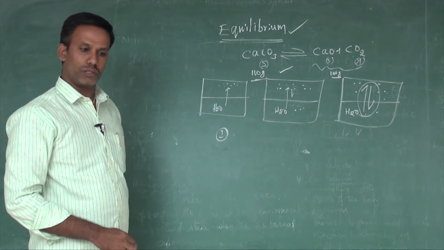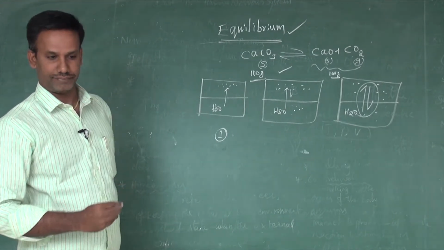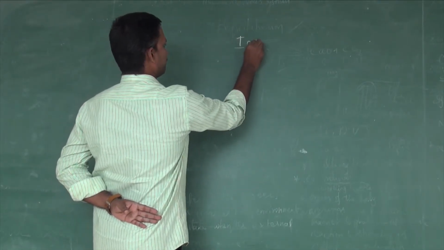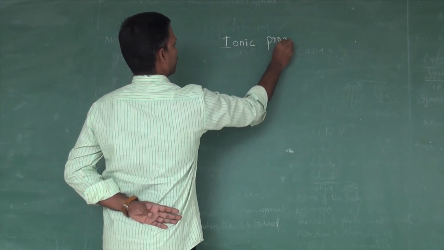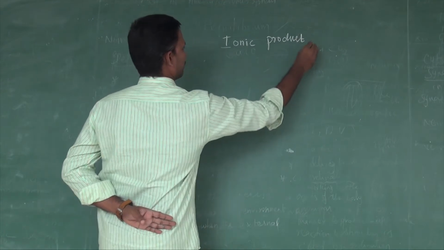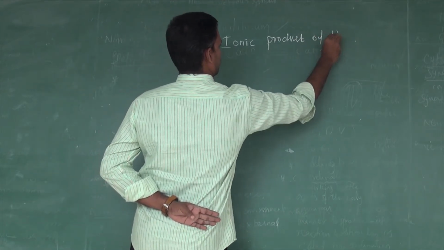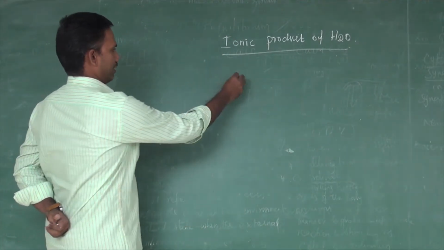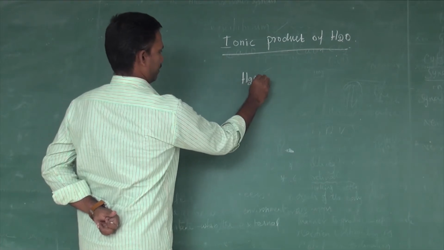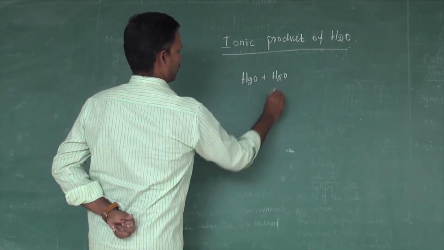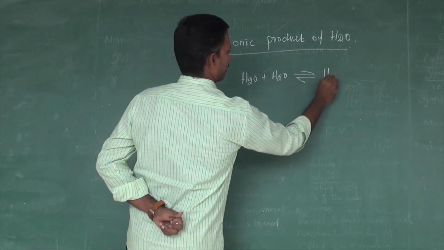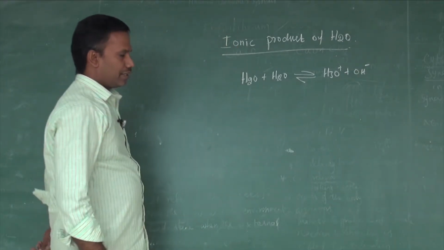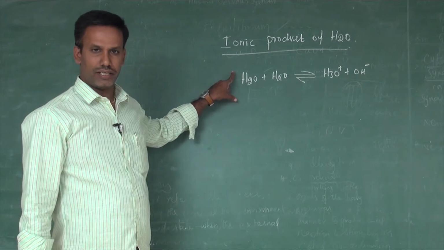Then let us move on to the ionic product of water. Water is a weak electrolyte. When two water molecules combine, this is called self-ionization or auto-ionization.